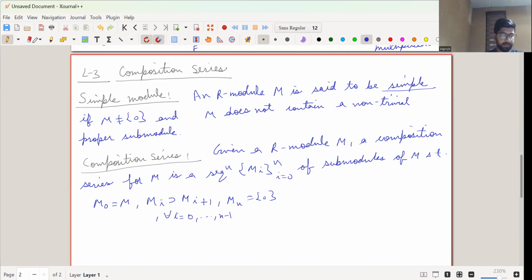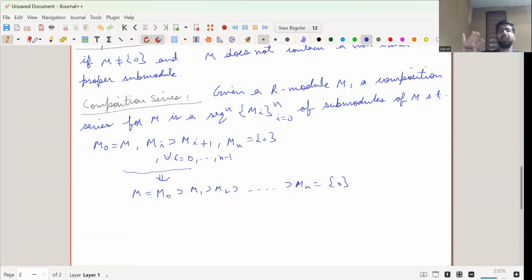So this simply means you have a chain M equal to M0, M1, M2, and so on, and then you stop at 0. Any such chain is called a composition series.